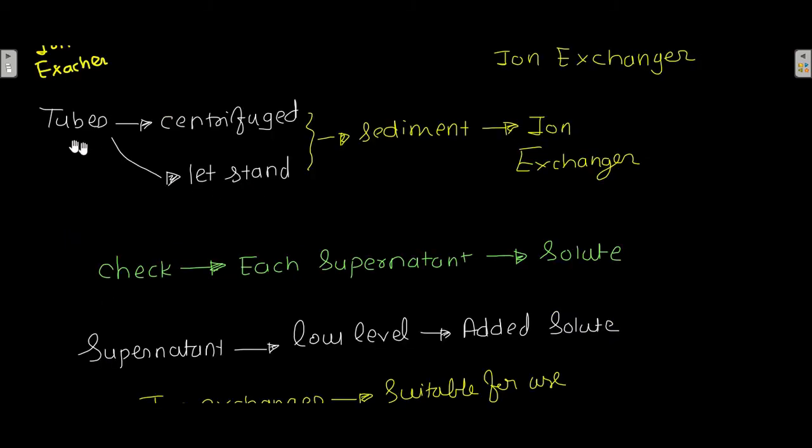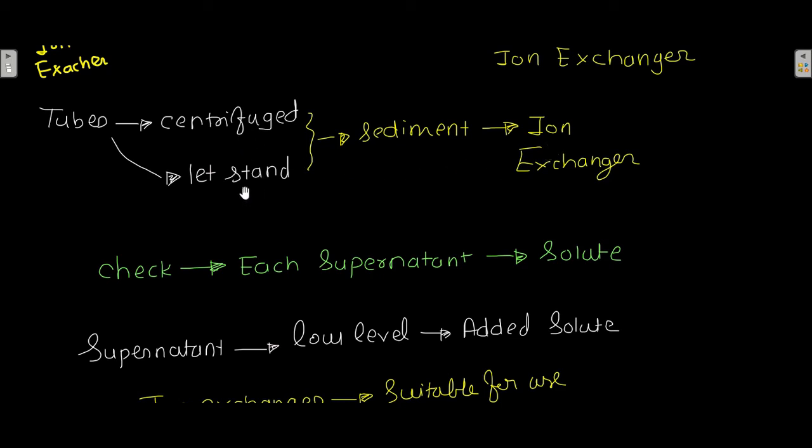Now these tubes are centrifuged or let stand, and we do this to sediment the ion exchanger. So after putting the ion exchanger in the buffer containing the solute, you sediment the ion exchanger by centrifugation or by standing.